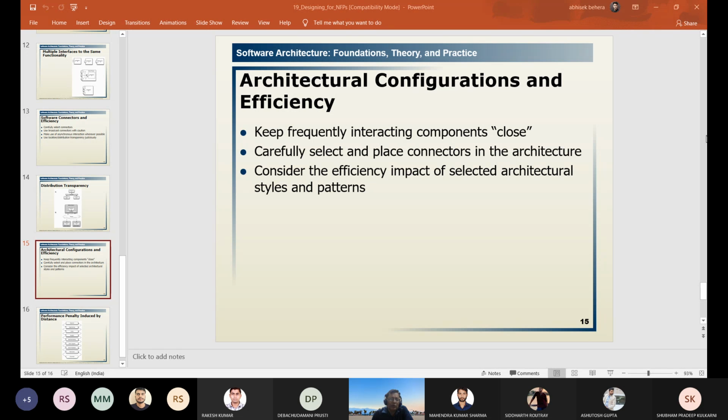The 6 quality parameters that were there in the first slide, all those things, how you can push them in your proposed architecture.